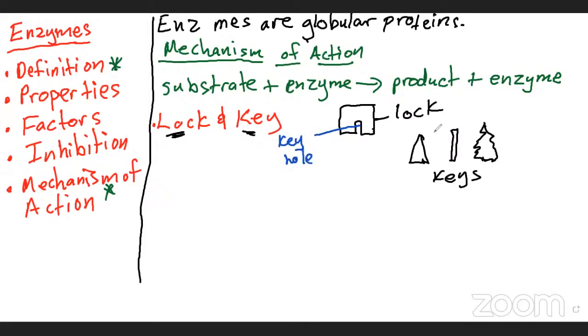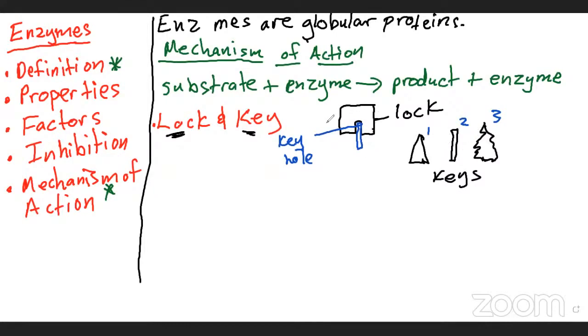Of these three keys, number 1, number 2, and number 3, we know that key number 2 would be the one to fit inside of it. So the keyhole is specific for a particular key. Not any key will fit into the keyhole of a lock.